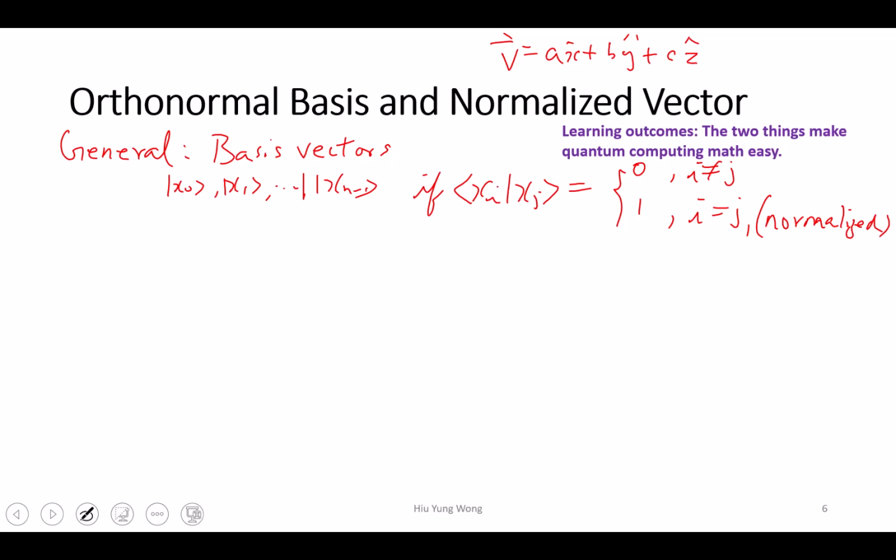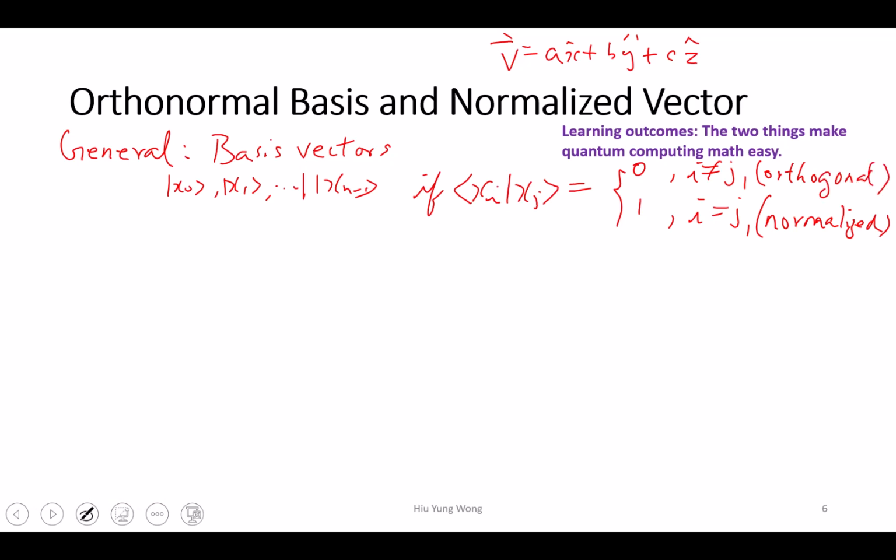We're talking about how much is the common part of it. So this means that they are orthogonal. I said the wrong thing earlier. Orthogonal, right?